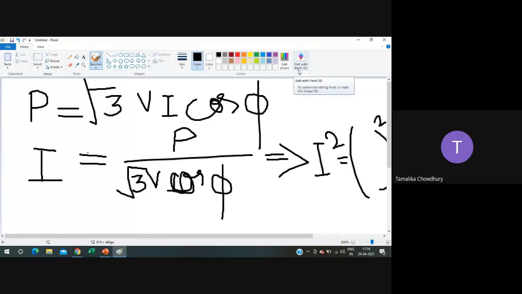So I square will be equal to P square divided by 3 V square cos square phi. Yes or no? Yes, ma'am. So that means the relation becomes I square inversely proportional to V square, right? What we know is that the formula of loss is I square R. Yes or no?